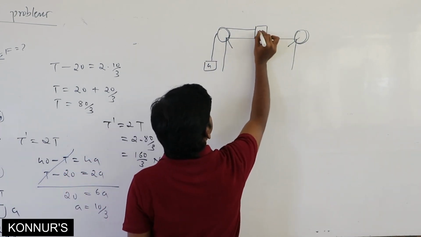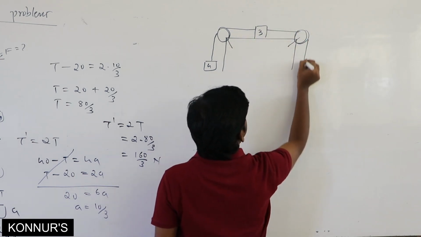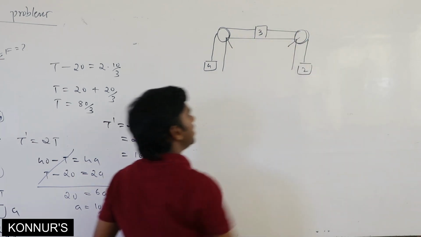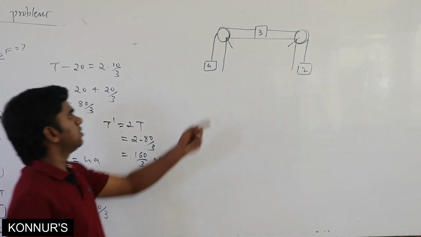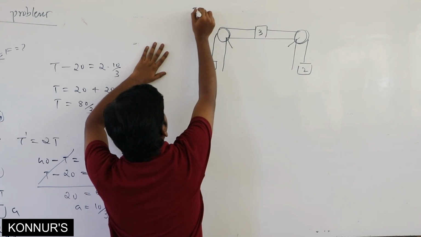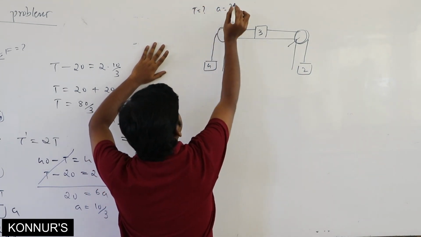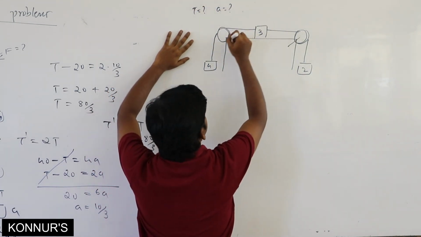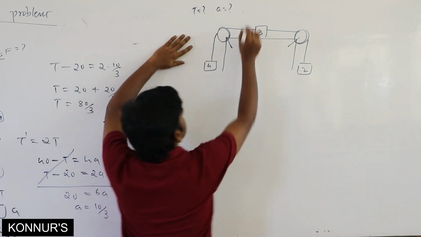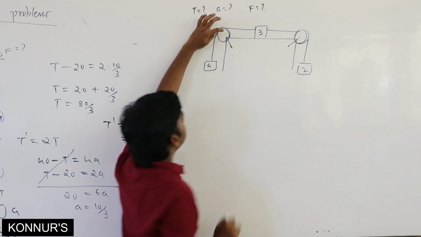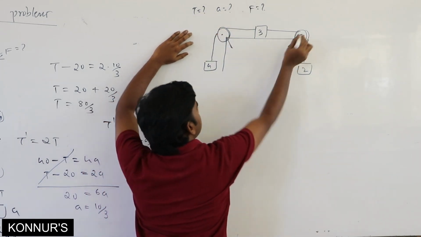Here I will connect a mass, say 3 kg, and here I will connect a mass, say 2 kg. So obviously again they may ask what is the tension, or what is the acceleration, or what is the force exerted by the pulley on the corners.